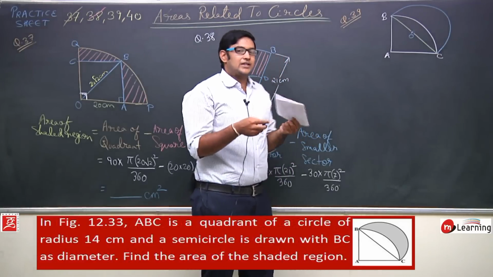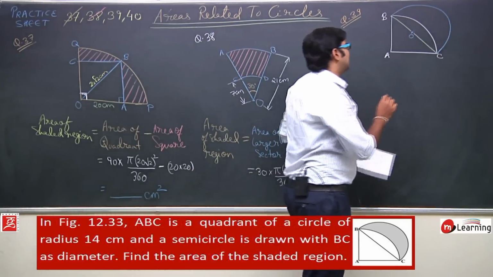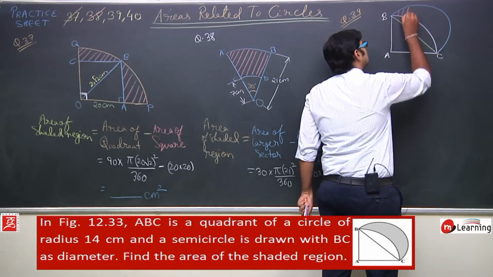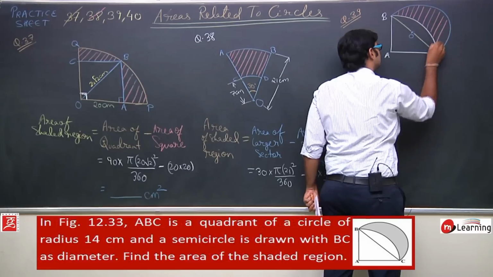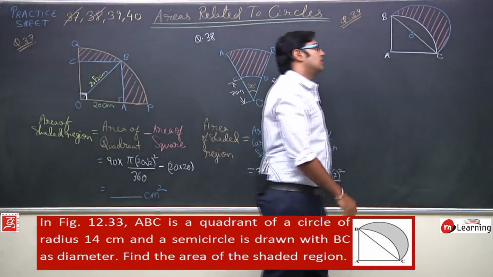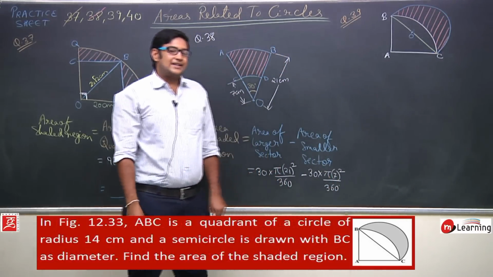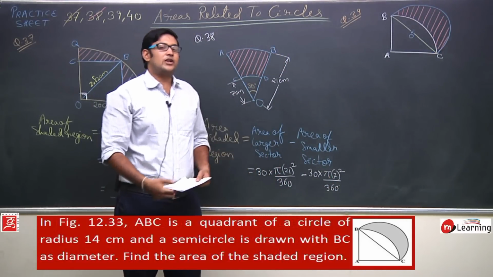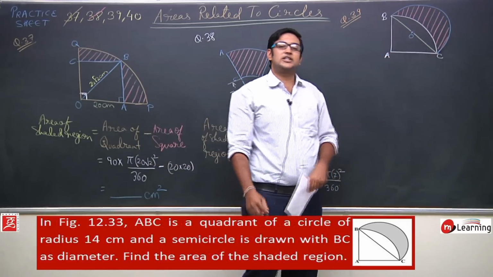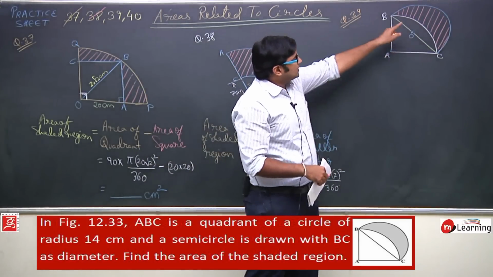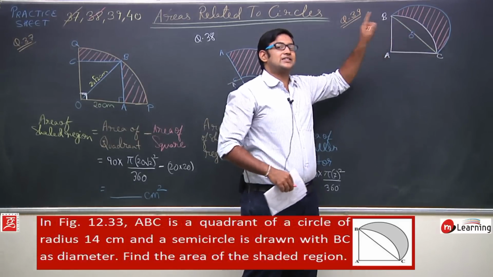Now I need to determine the area of the shaded region. What is the shaded region here? This is the shaded region. Let us try to develop an approach to determine its area. I want the shaded region which lies in the semicircle.